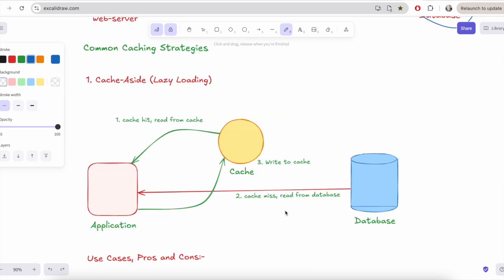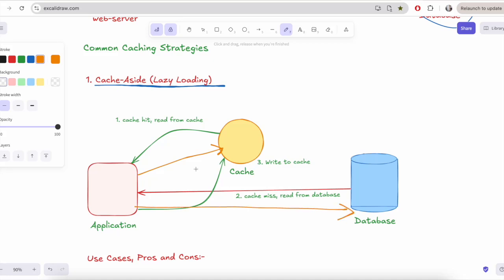Okay, so let's move to the common caching strategies now. First one we have here is cache aside or lazy loading. So this is the most common caching approach, right? So here what happens, the cache sits on the side, and the application is the one which talks to both the cache and then the database.